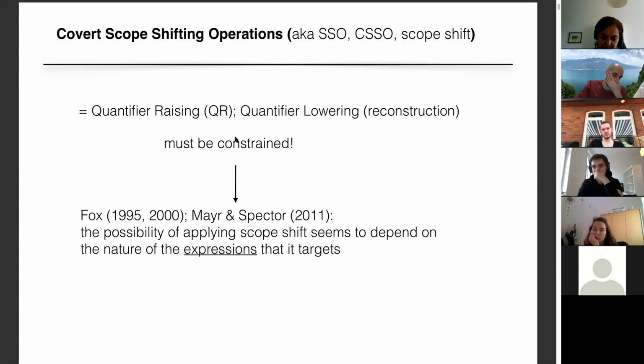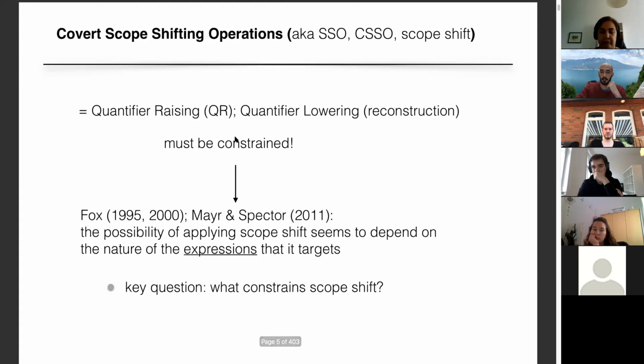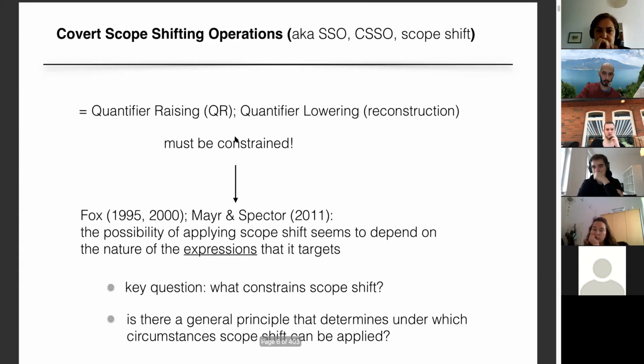Something similar to what we talked about in the introduction to semantics. So the key question is, what constrains scope shift? What is the principle that tells us when we can do it and when we cannot? And is this a general principle, something about the relationship between sentences, or something about our processing preferences? Okay?